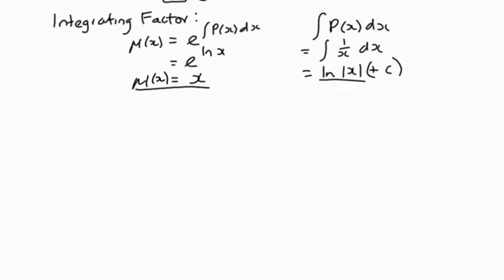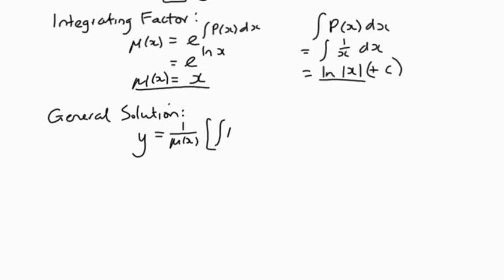That means that we can actually find the general solution because we use the other formula. General solution says that y is equal to 1 over mu of x multiplied by the integral of mu of x q of x dx. We know that mu of x is x, so it's 1 over x multiplied by the integral of x multiplied by q of x, which was just 1.